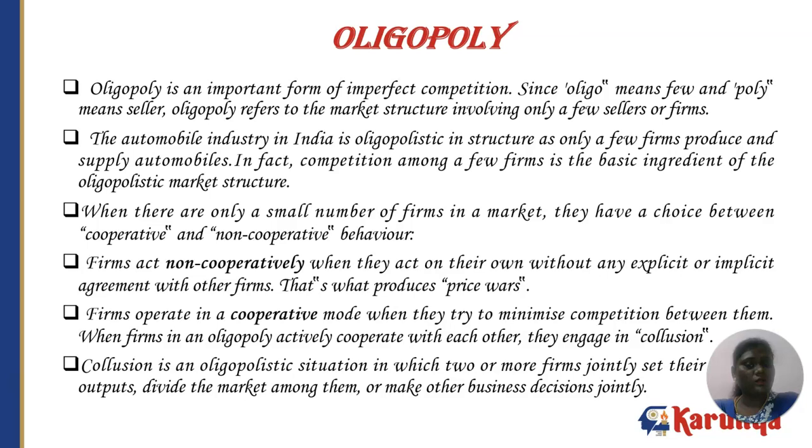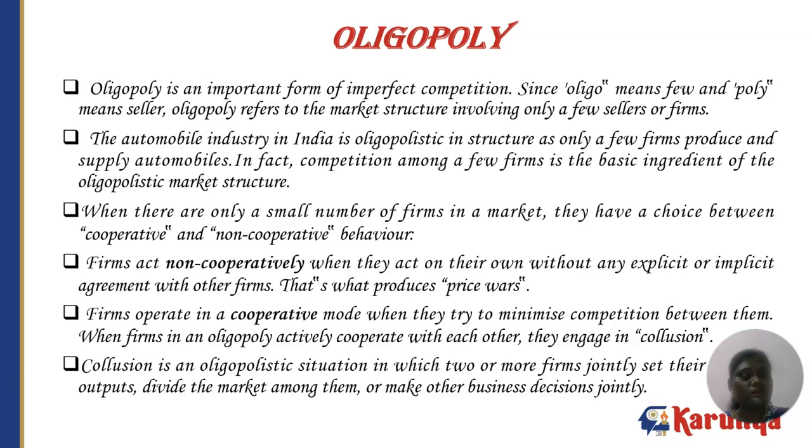So non-cooperative is nothing but where these few firms do not explicitly or implicitly agree with other firms. Because of this, a price war is introduced. Whereas in cooperative mode, they try to minimize the competition between the firms. When the firms in an oligopoly actively cooperate with each other, they engage in collusion.